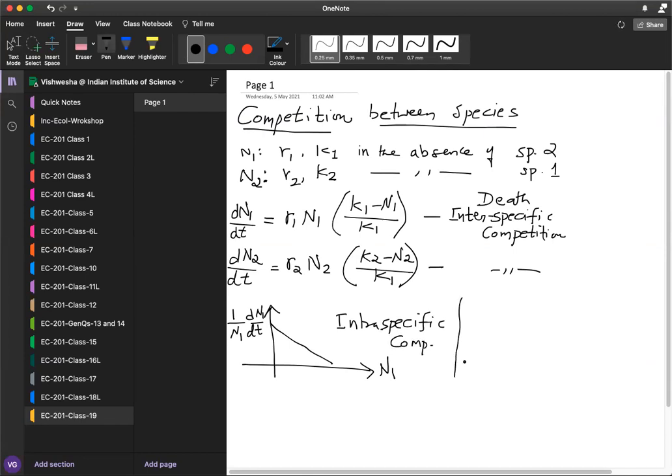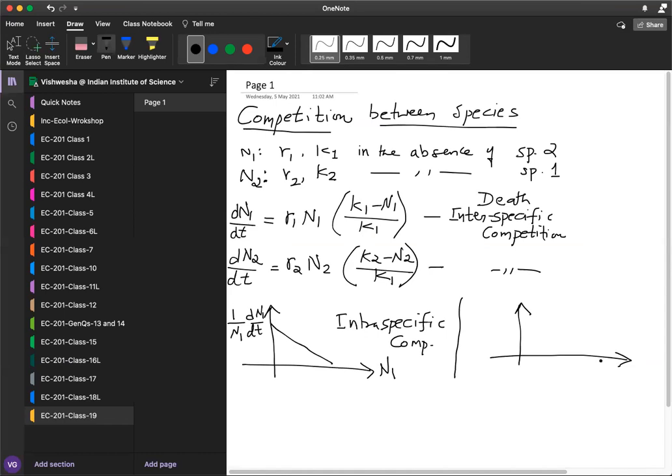So likewise, can we think of writing a graph that represents interspecific competition? How would this look? Writing this gave us the continuous time logistic model, right? So if you do the same thing now for the competition because of the other species, what should be the y-axis?